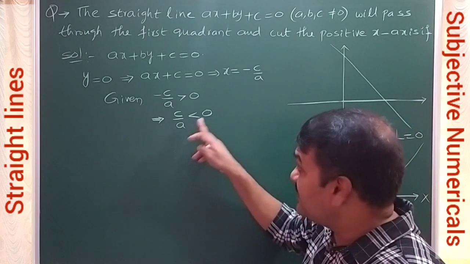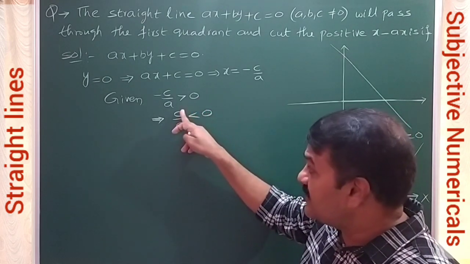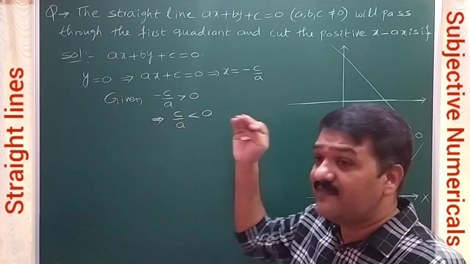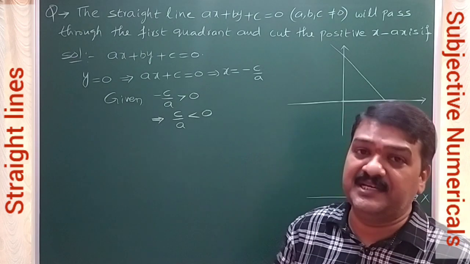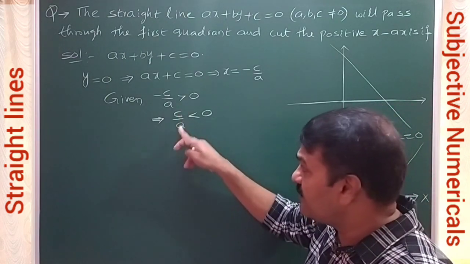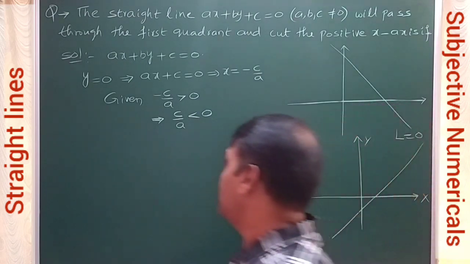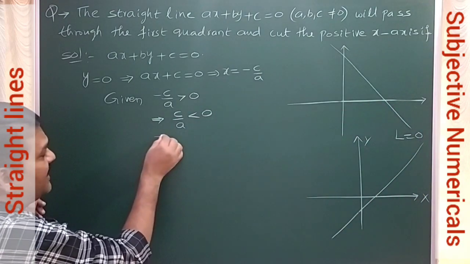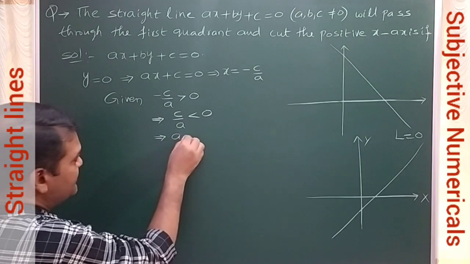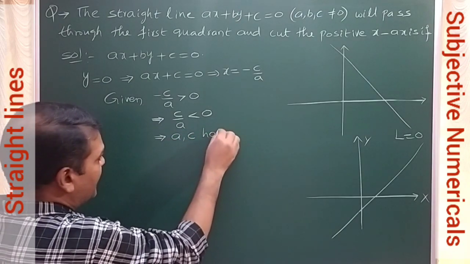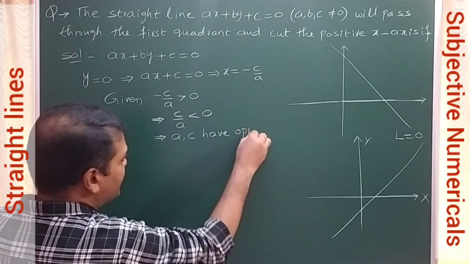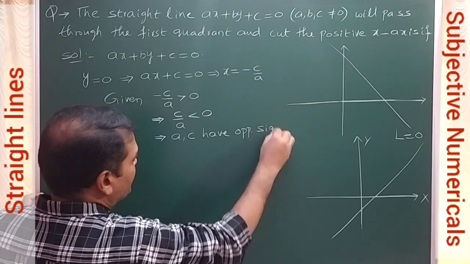c by a is negative means the numerator and denominator have opposite signs. When the numerator and denominator have opposite signs, the fraction is negative. So a and c have opposite signs.